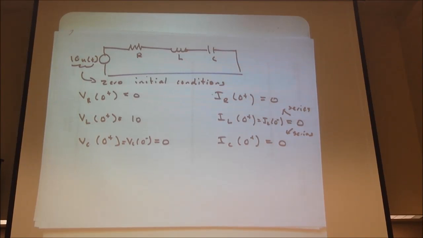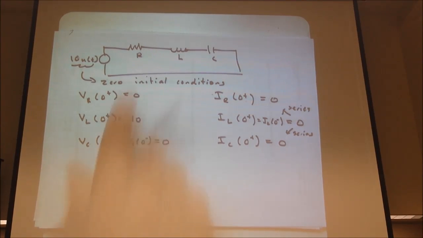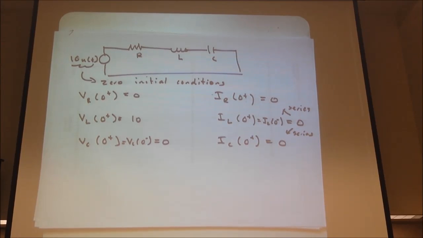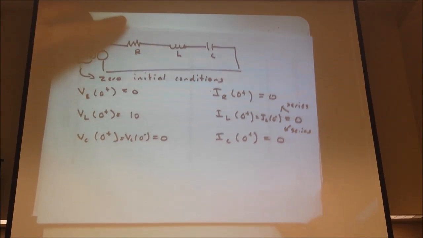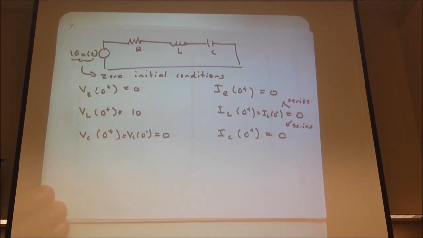So there's our starting voltage across the inductor. And I always found this to be a little counterintuitive for students. So at t equals 0 plus, all the voltage is across the inductor. So here's our initial condition situation.